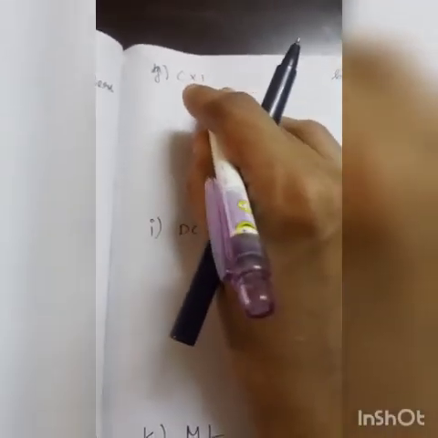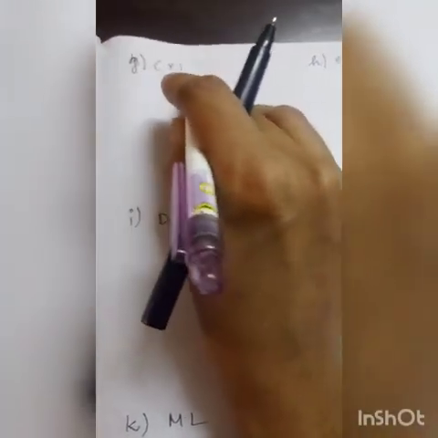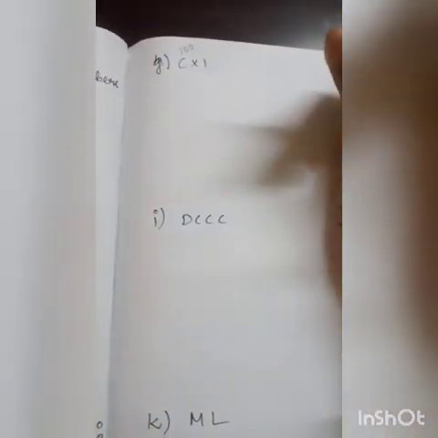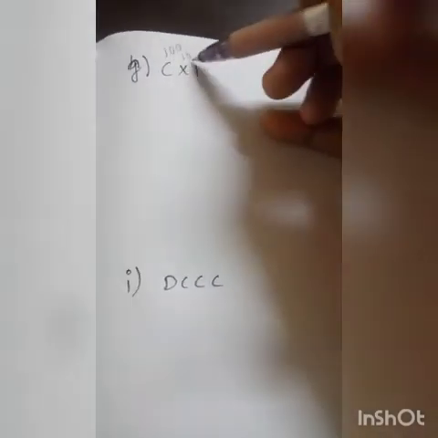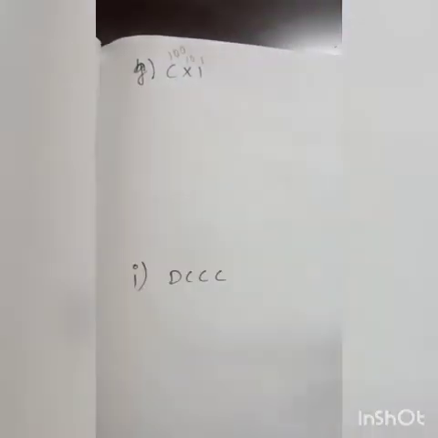What's your G question? CXI. Okay, CXI. What is the C value? 100. What is the X value? 10. What is the I value? 1. So it is actually in what order? It is in descending order. See, listen, 100, 10, 1. So biggest to smallest it is there.